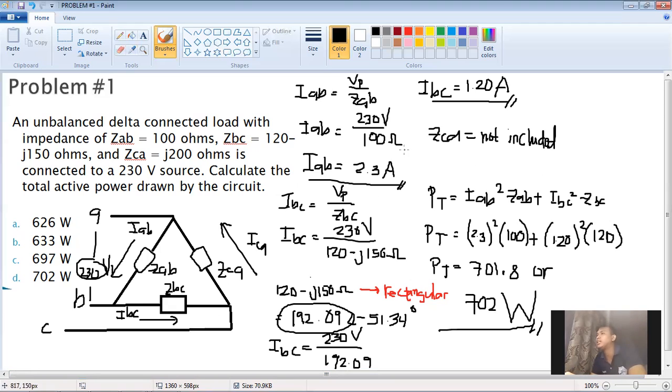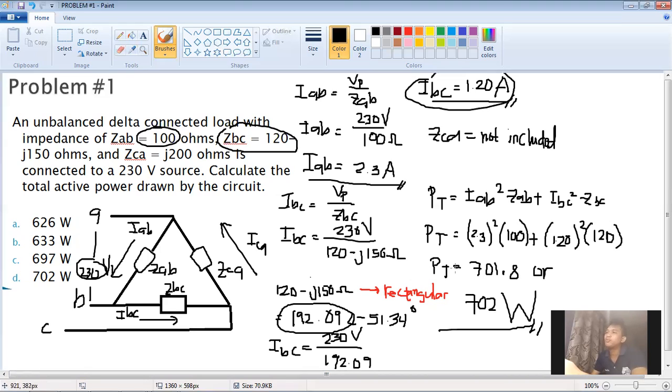So for PT, the total power drawn by the circuit, PT is equal to IAB squared times ZAB plus IBC squared times ZBC. Upon substitution, 2.3 squared times ZAB, which is 100 ohms, plus 1.20 amperes squared times ZBC, which is 120.